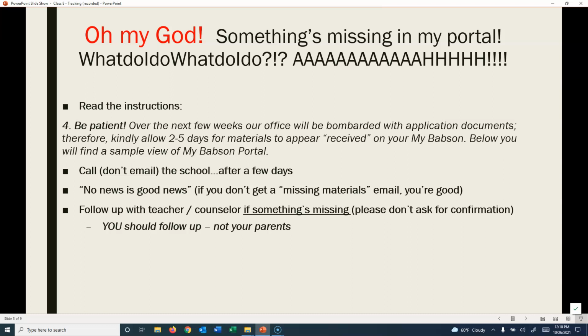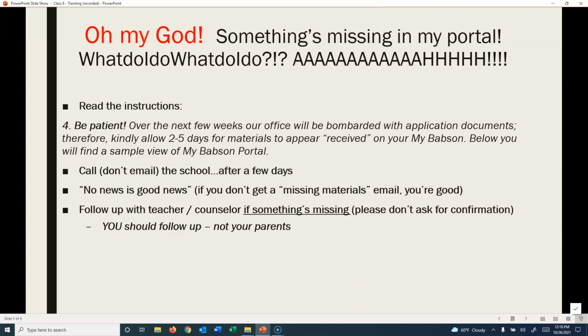Now, if at November 8th you're noticing that something is still missing, call. Don't email the college. Call them after that amount of time. Email will get lost in the shuffle. That's not going to do you any good. If you're an introvert, let's get over it and just call the school so there is a personal connection there.